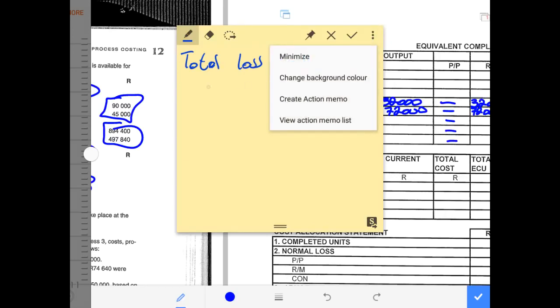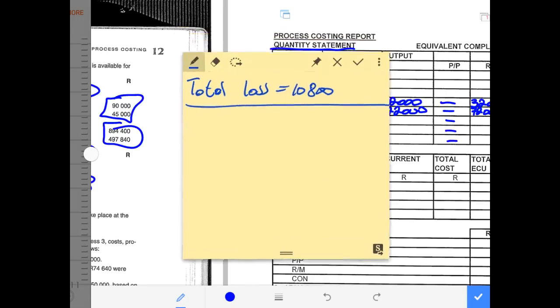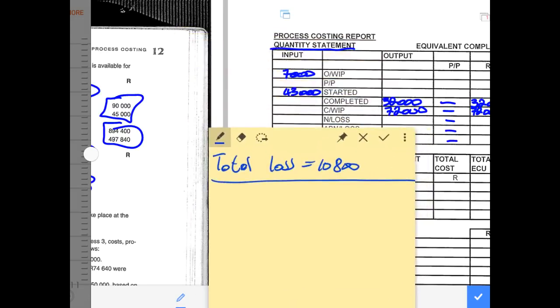Now, why do we say this is a total loss? Remember, there were opening units of 7,000, guys, and we started with 43,000 units. That means the units that went through the process of production during this period were 50,000 units.